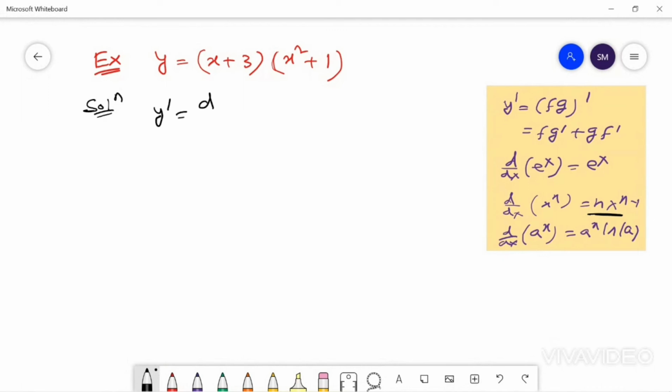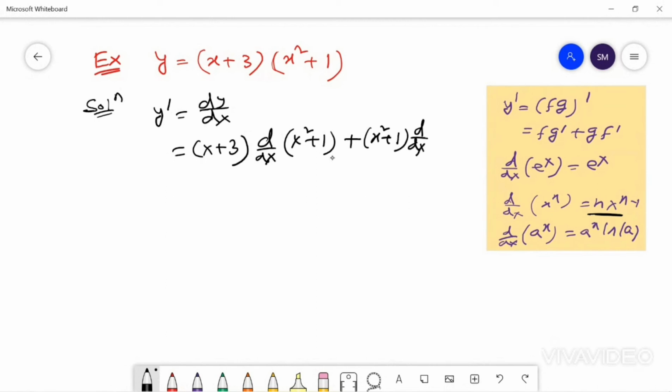So y' equals dy/dx, which can be written as (x + 3) times the derivative of x² + 1, plus (x² + 1) times the derivative of x + 3. Now use the power rule, then simplify and we will get the answer.